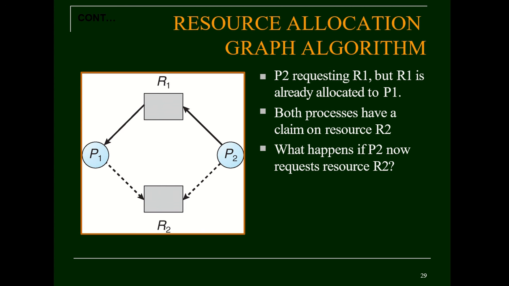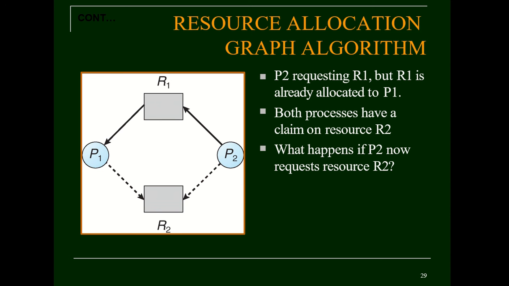We can see this in the figure, as there are two resources R1 and R2 and two processes P1 and P2. P2 is requesting the resource R1, but R1 is already allocated to P1.